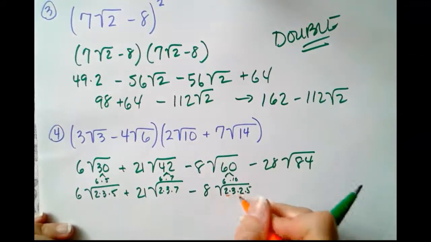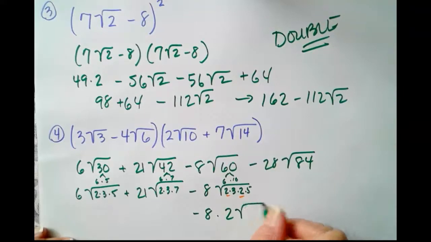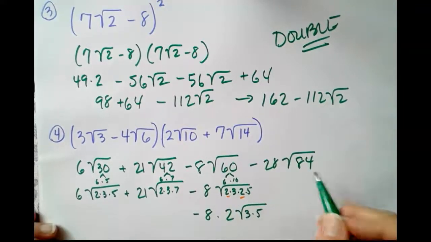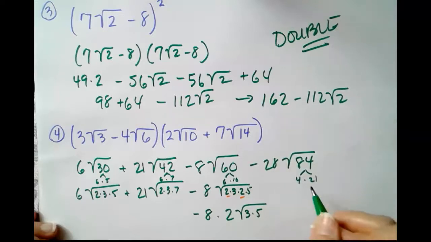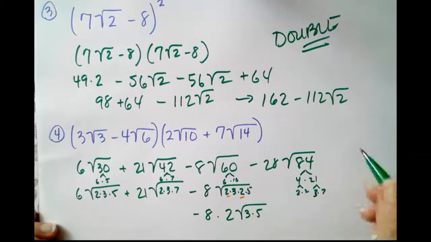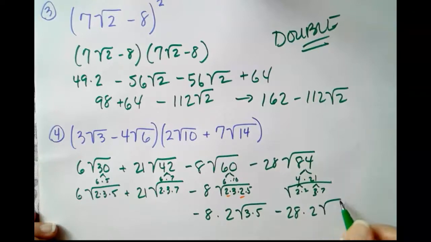There is a pair of 2's, which means there is a 2 coming out, and 3 times 5 will be left under. Obviously, 84 is divisible by 4. It's 4 times 21, so that's 2 times 2 times 3 times 7. So underneath that radical is a pair of 2's, so that means a 2 is coming out, and a 21 or 3 times 7 will be left over.